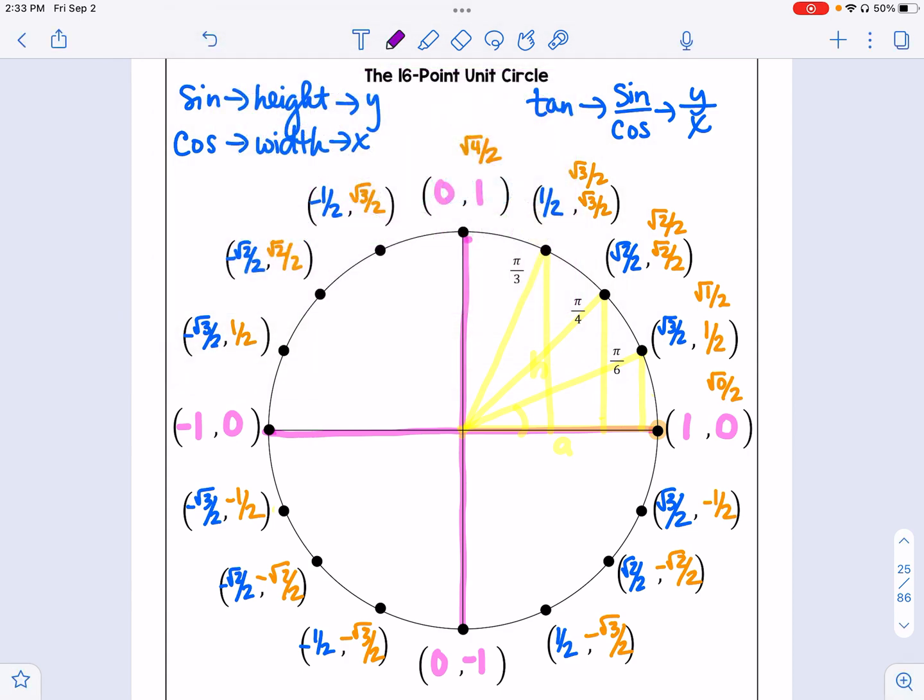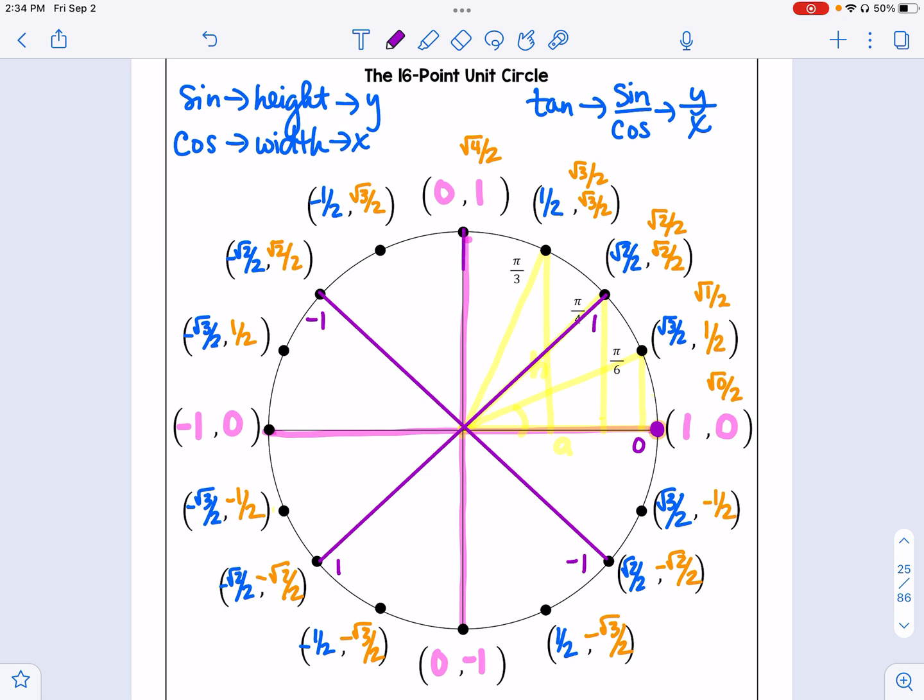So at 0, I know right here, my slope is 0. And over here at pi over 4, in fact, all the way from here up to here, it's going in a positive direction. So my tangent, my slope is 1 here and 1 here. And if we think about it this way, my slope is negative 1.